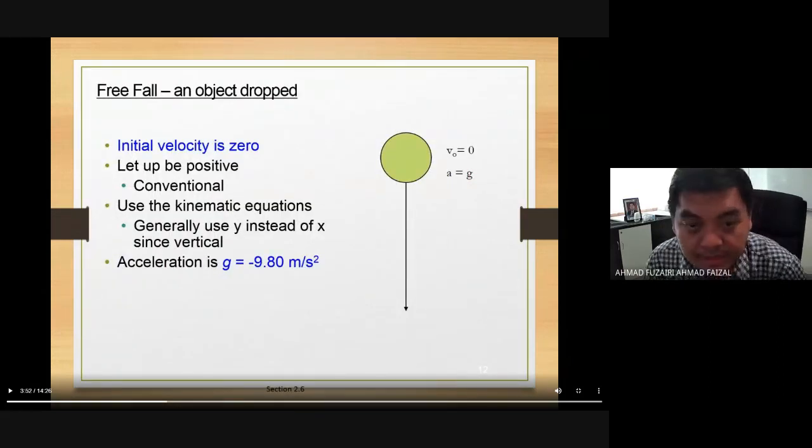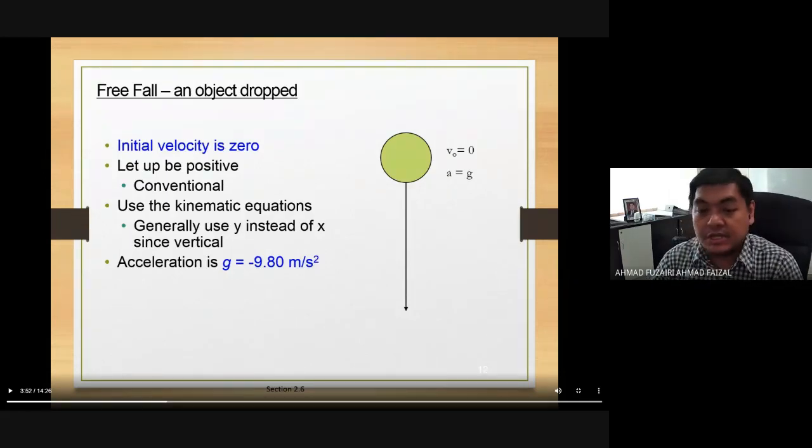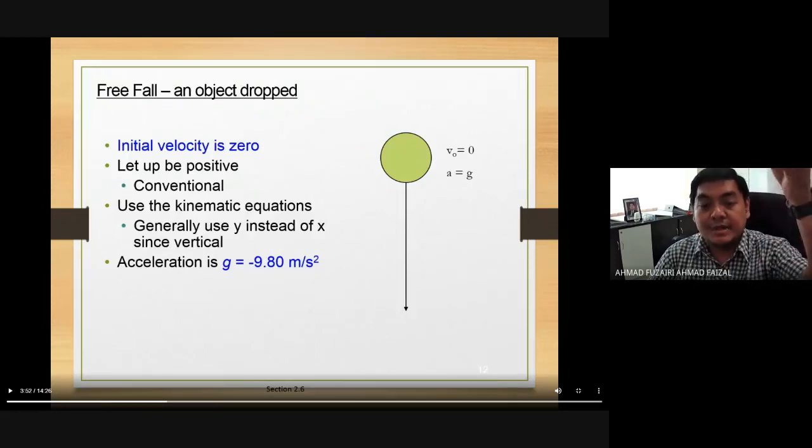Now the initial velocity. If the object is dropped, the word dropped alone doesn't show anything yet. But if the object is dropped straight downward, or any wording that means it drops straight downward, that falls under free fall motion.